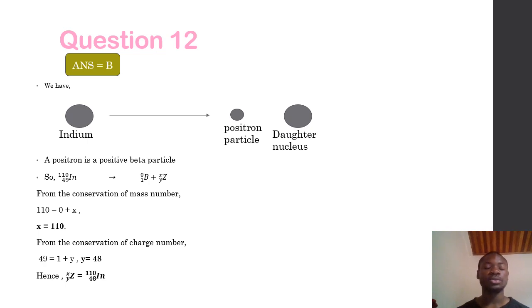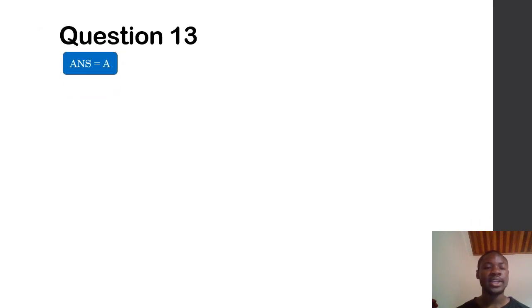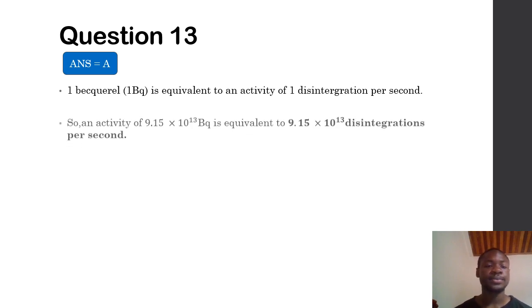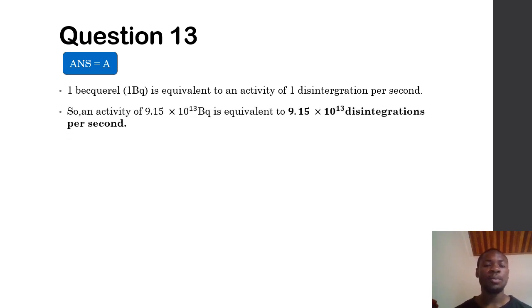That's why the answer is B. Question 13, our answer is A. 1 becquerel is equivalent to an activity of 1 disintegration per second. So an activity of 9.5 times 10 to the power 13 becquerel is equivalent to 9.5 times 10 to the 13 disintegrations per second.